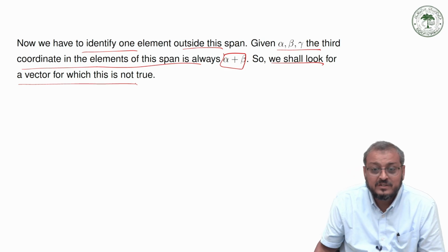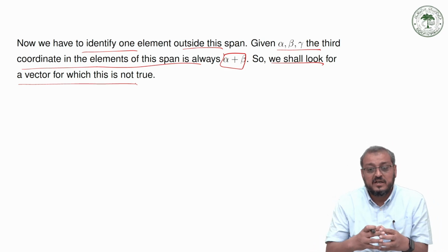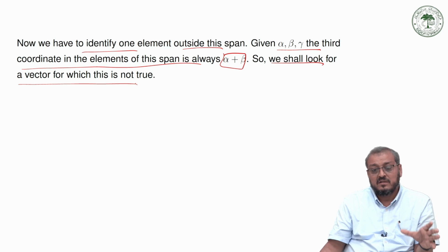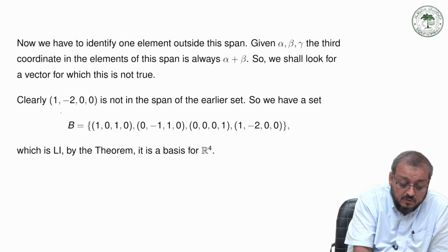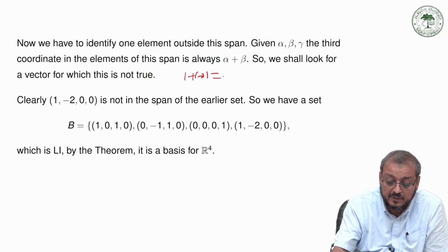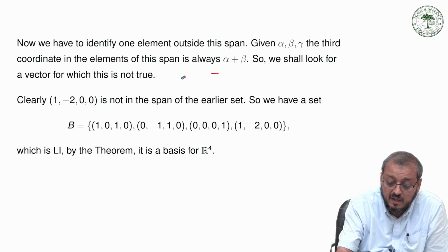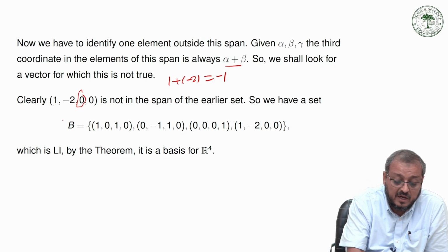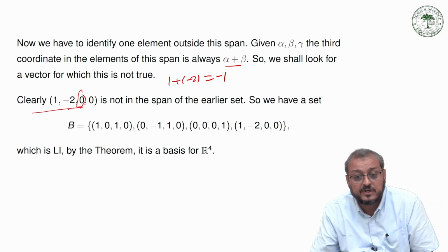So we choose an element like 1, minus 2, because 1 plus minus 2 is equal to minus 1. Here I just take a 0, not a minus 1. So clearly this does not belong to the span of this set.